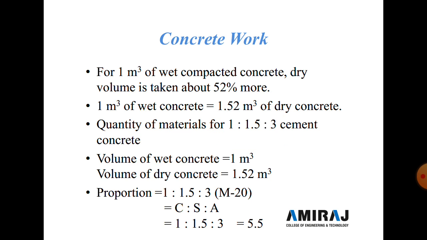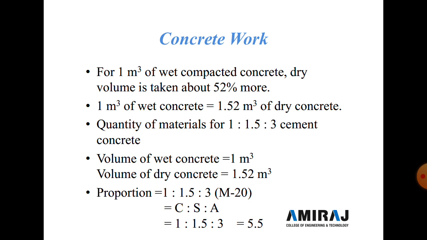Now next is the quantity of material for the 1:1.5:3 ratio cement concrete. Here the volume of wet concrete is 1 meter cube. As per calculation, we add 52% more for finding the dry volume of the concrete. So the summation is 1 plus 1 multiplied by 52%. So the value we got is 1.52 meter cube. Clear? Now the proportion given is 1:1.5:3.